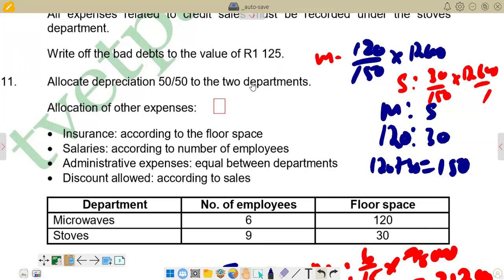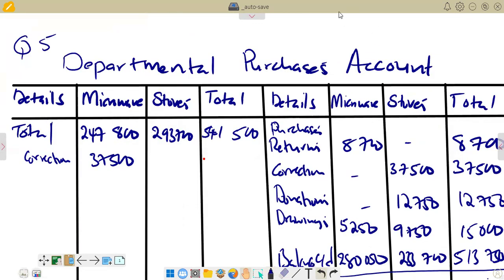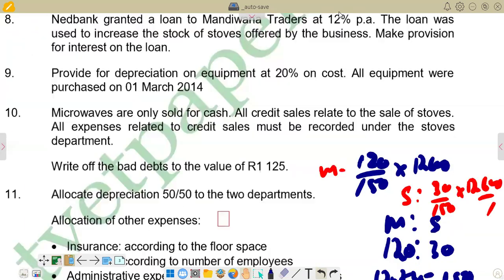Let's see what we have for depreciation. If you come to item 9, it says provide for depreciation on equipment at 20% of cost. More equipment was purchased on 1 March 2014.